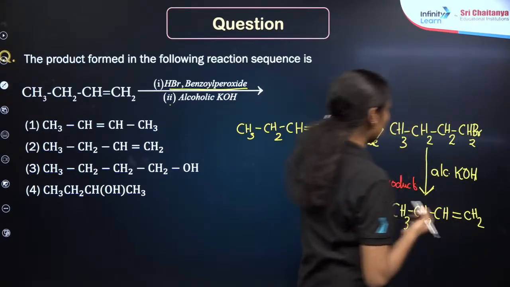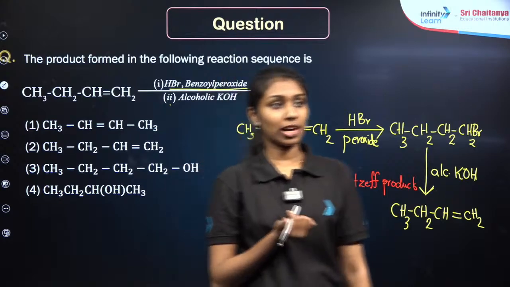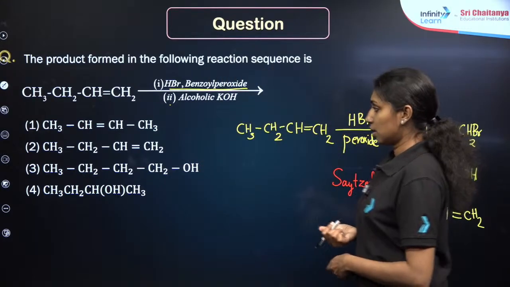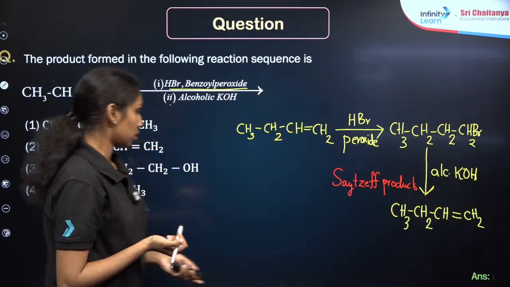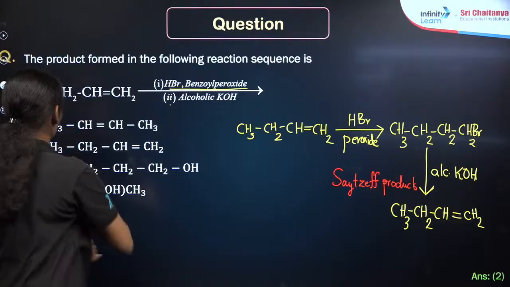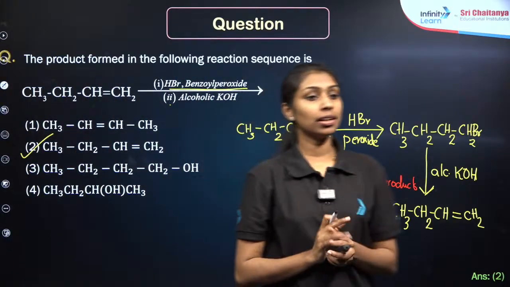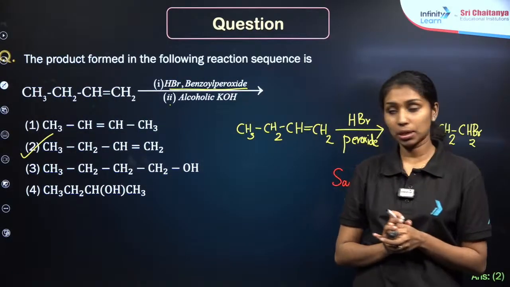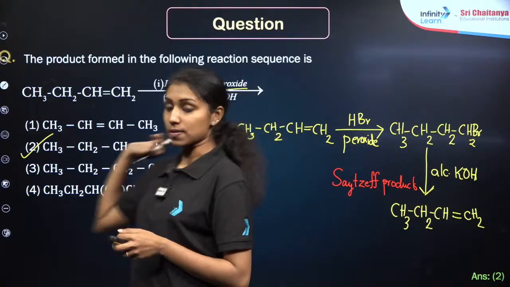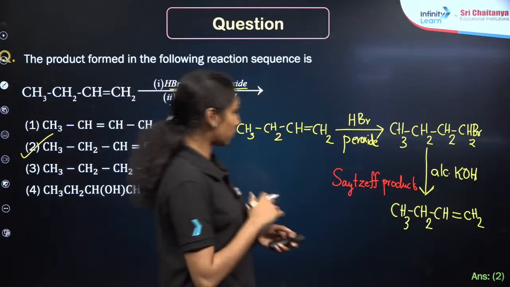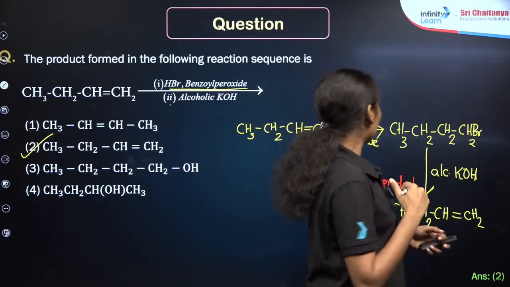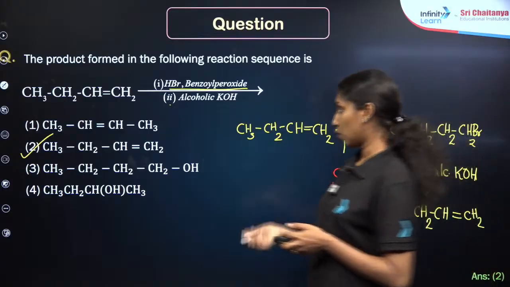CH3, CH2, CH double bond CH2 will be our final product, which means option 2. Yes, option 2 will be the correct answer here. Is that clear? First, you have to apply the anti-Markovnikov rule because of the presence of peroxide. Then the second one is about the Zaitsev rule, as we are treating the alkyl halide with alcoholic KOH.